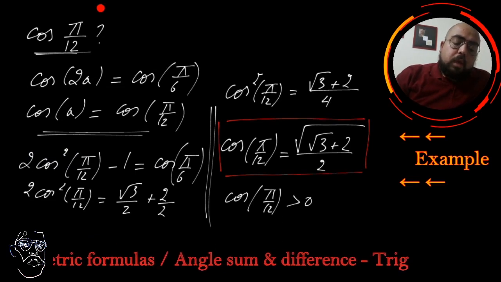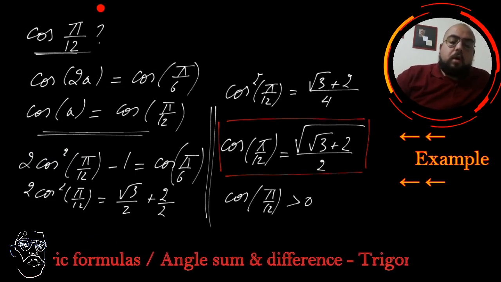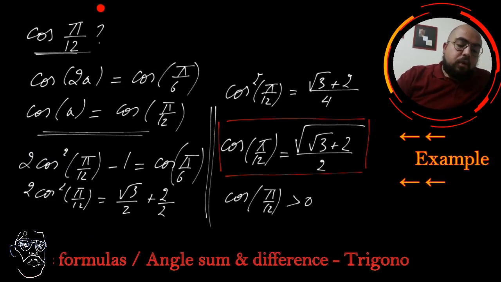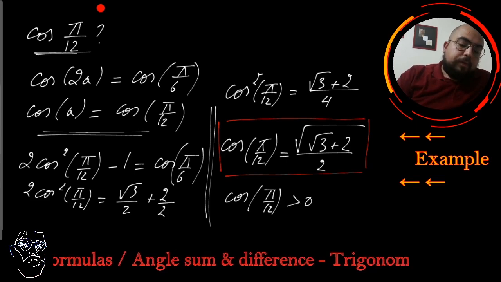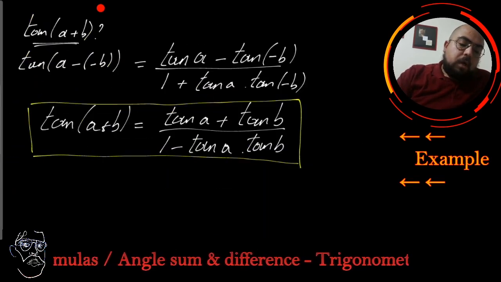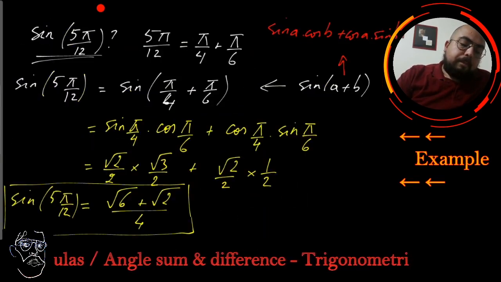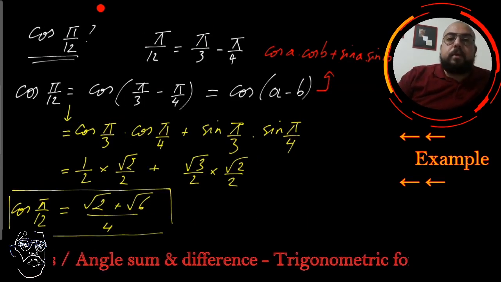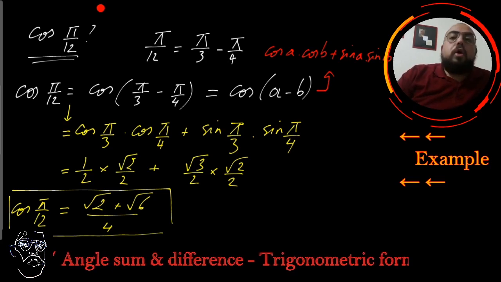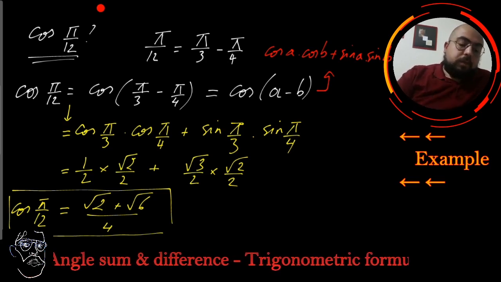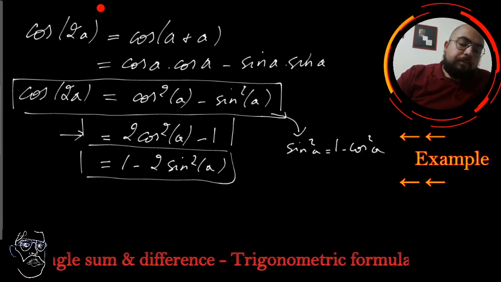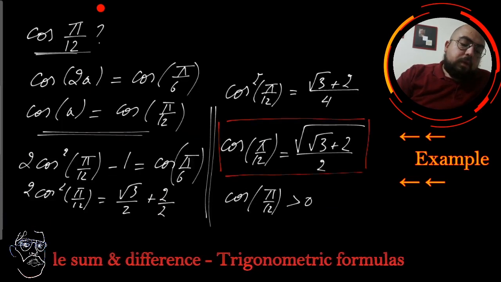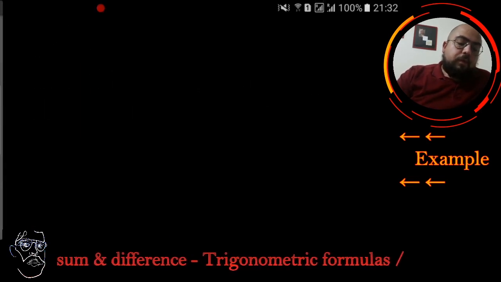And of course, in case you want to check this answer with whatever we were able to find previously, cosine of pi over 12, square root of 2 plus square root of 6 over 4, you will see that it's the same result. Alright, so this was cosine of pi over 12.